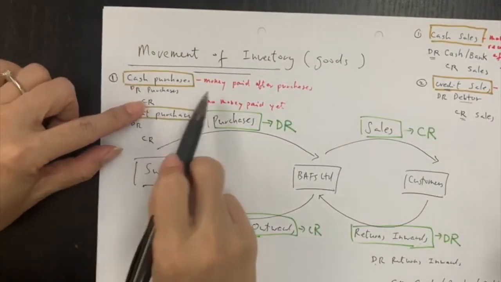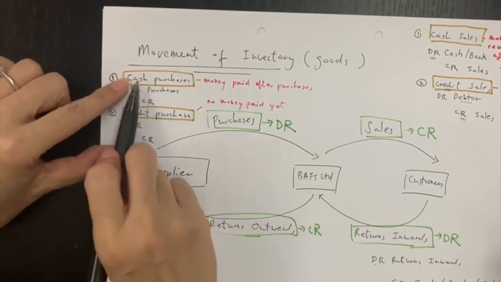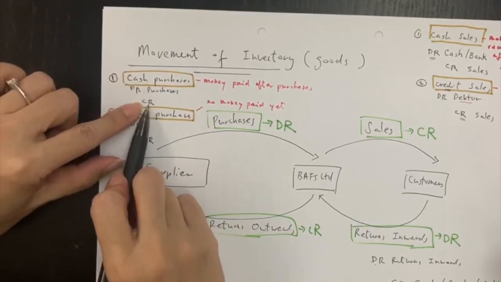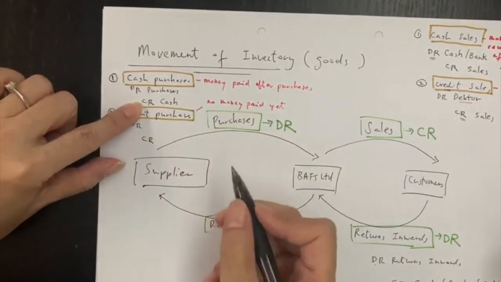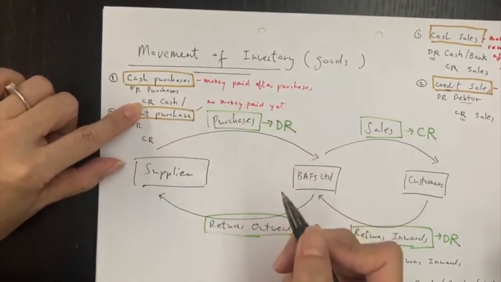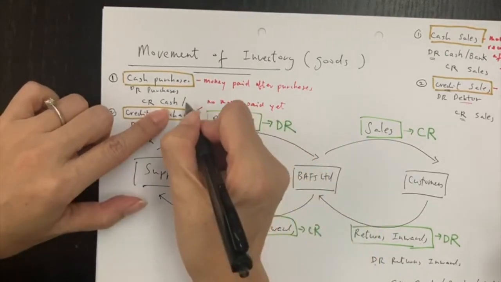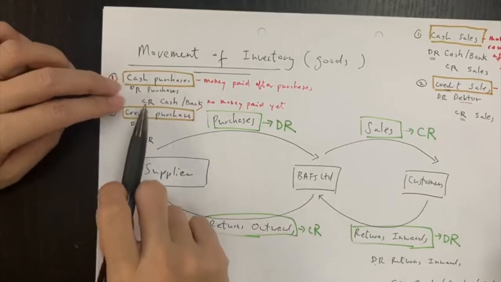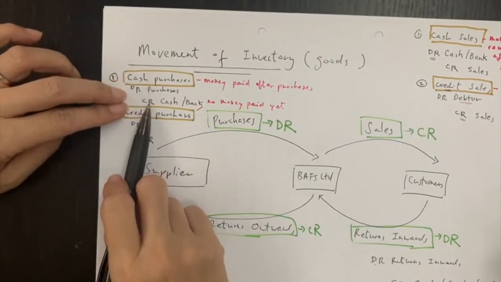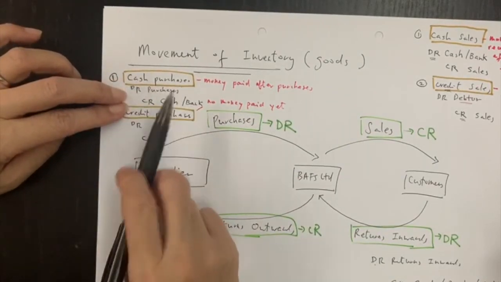Since we pay money already, we can pay cash. If we pay cash, we have less cash, so credit cash means cash going down, right? And then we can pay by cheque. Pay by cheque means money in the bank, right? So this is how we use double entry bookkeeping to record cash purchases.